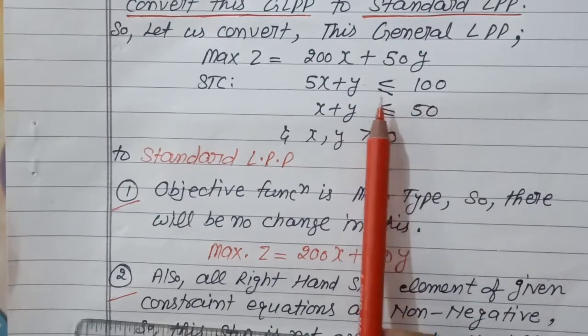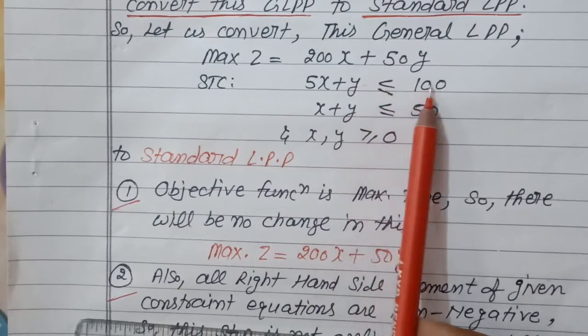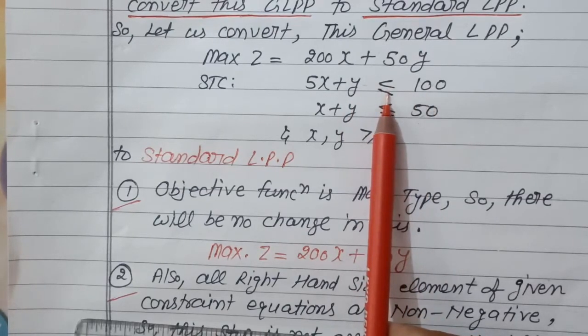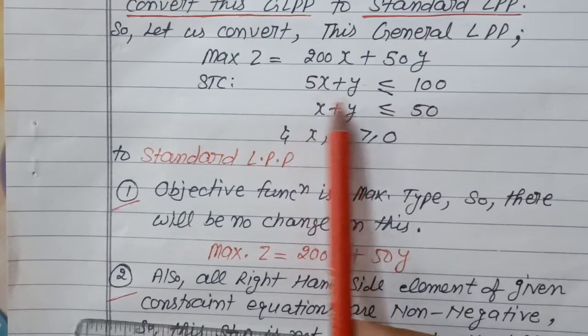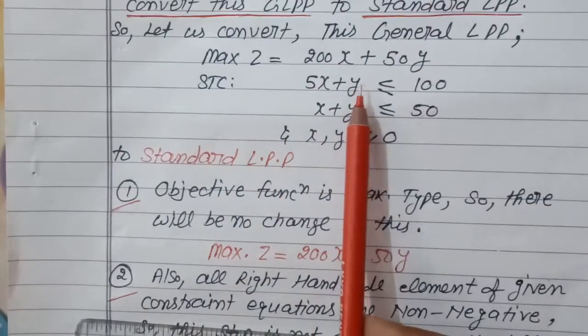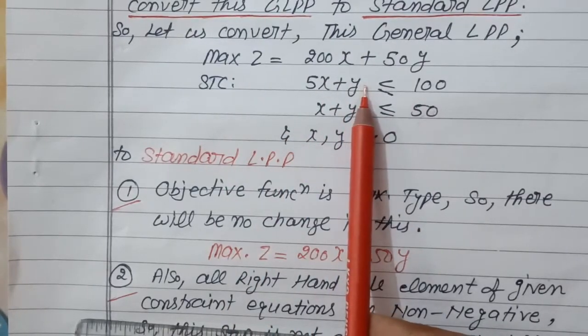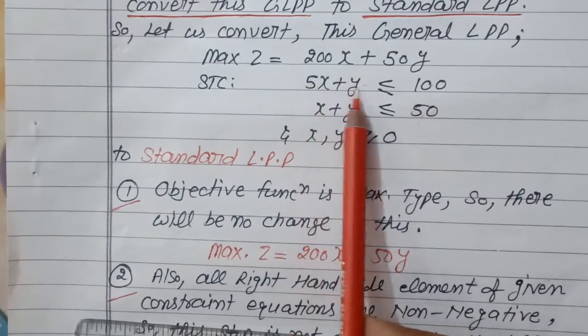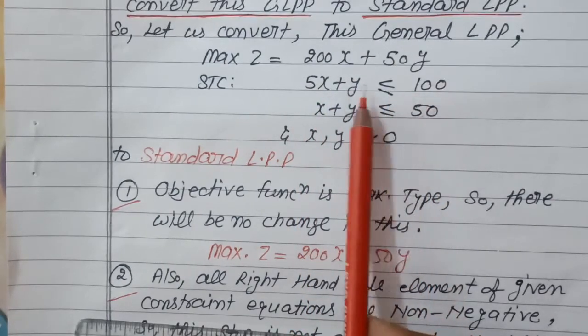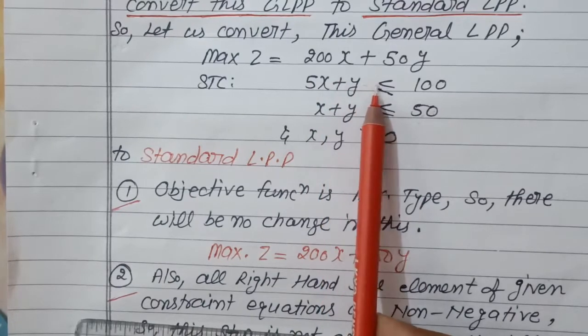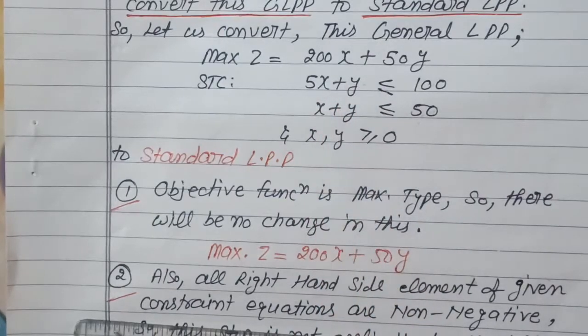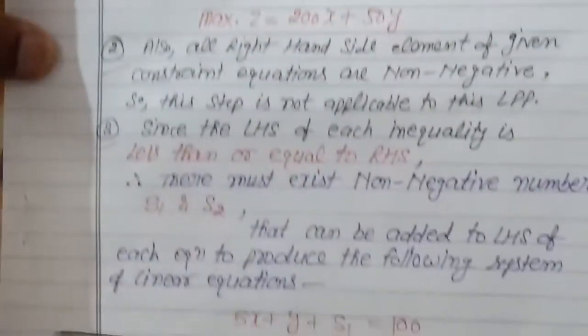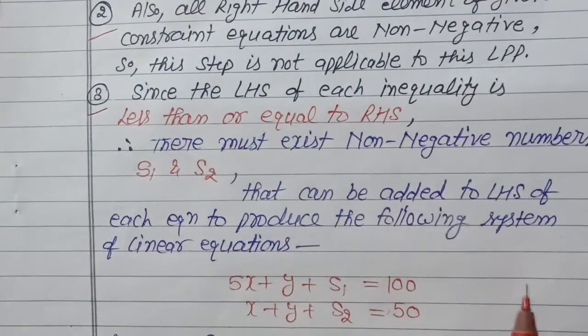Now you will see that in this case 100 is greater than or equal to this expression, so we have to add a slack variable so that this equation can be made equal to 100. If we introduce a slack variable S1 in this equation, the inequality will be converted to the equality, and it will become 5x plus y plus S1 is equal to 100.